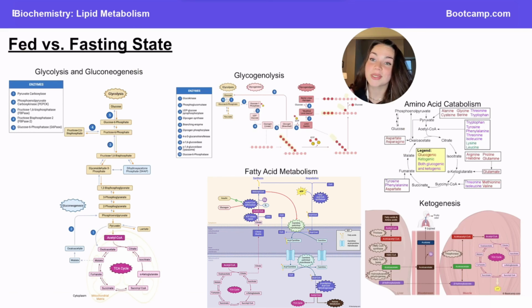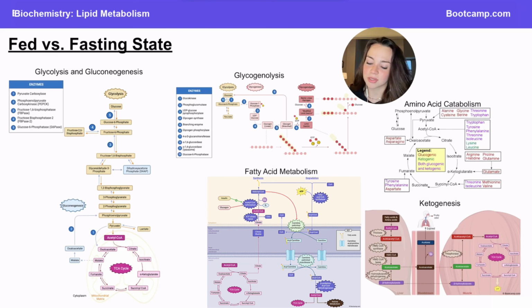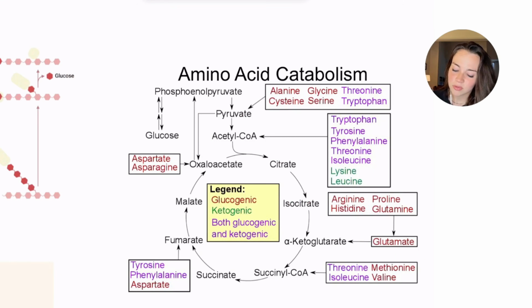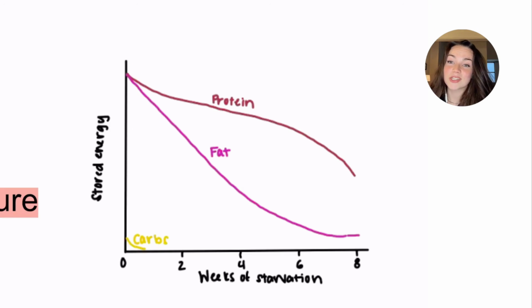And for a more complete picture, I did add a diagram on amino acid catabolism on your summary slide, and this is just a preview for you for now, but you can see some amino acids feed into gluconeogenesis, some feed into ketogenesis, and some can do both. And these different amino acids have different entry points into this energy production pathway that can ultimately go up and run gluconeogenesis. Obviously, though, you don't want to be degrading your organs until it is your last resort.